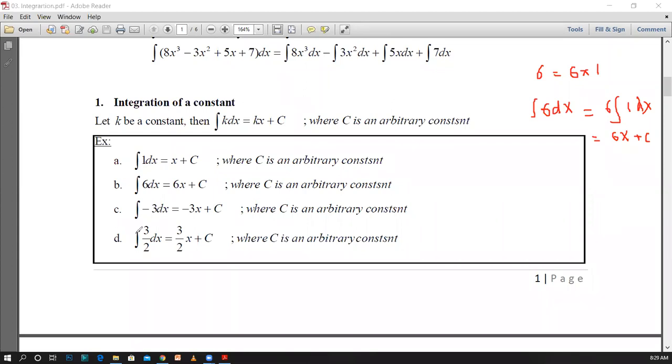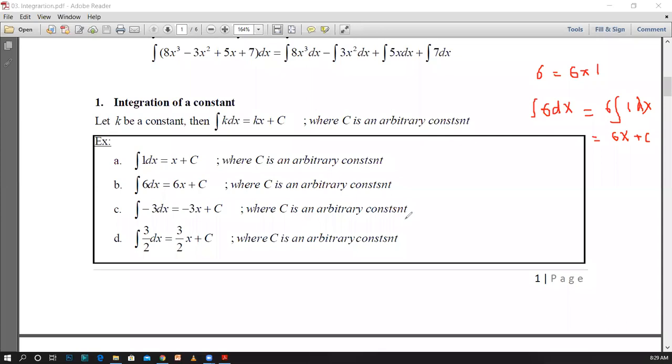In the next example also the same method is used. You have taken 3 divided by 2 out of the integral, since it is a constant, then the integral of 1 is equal to x with respect to x, then at the end you are adding the arbitrary constant c.